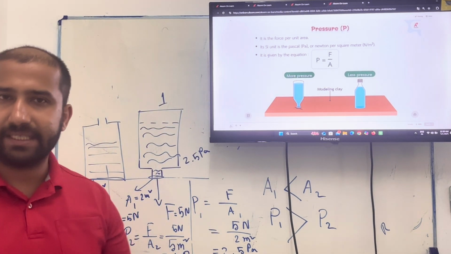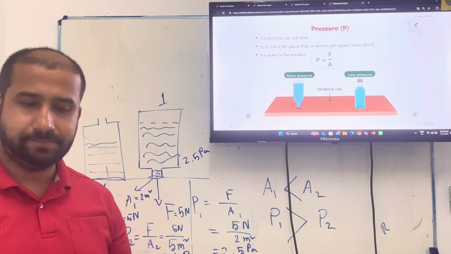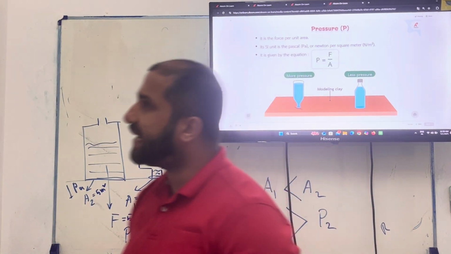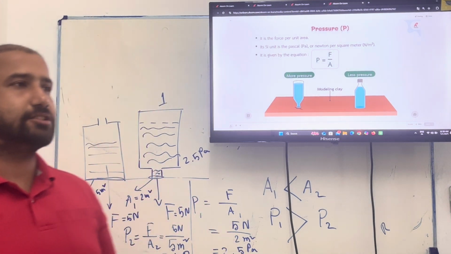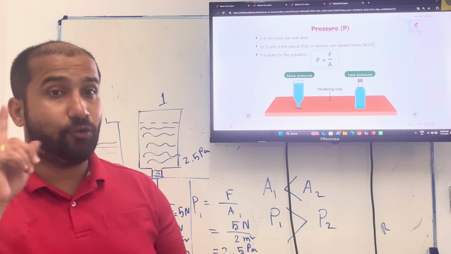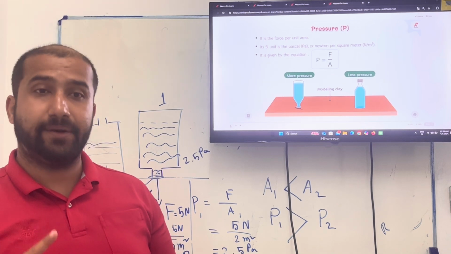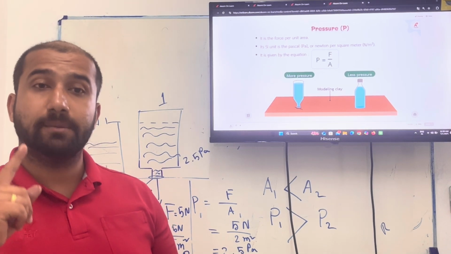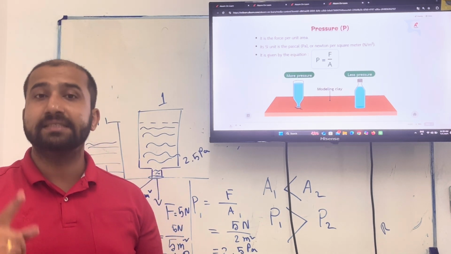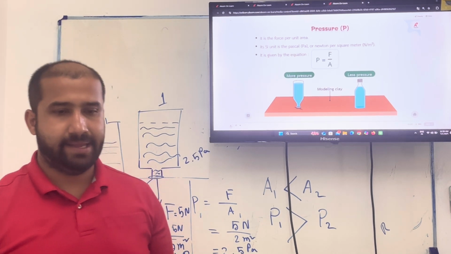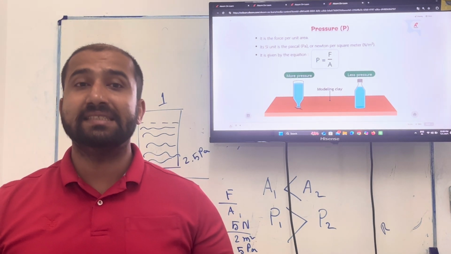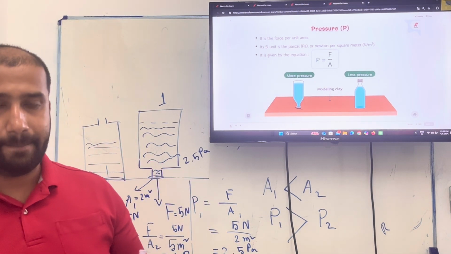So everyone understand? Any questions till now? So before we go to the next topic, let's recap what is pressure. Pressure is force divided by area. Remember, force per unit area. The SI unit of pressure is Pascal, Pa, or we can say Newton per meter square.